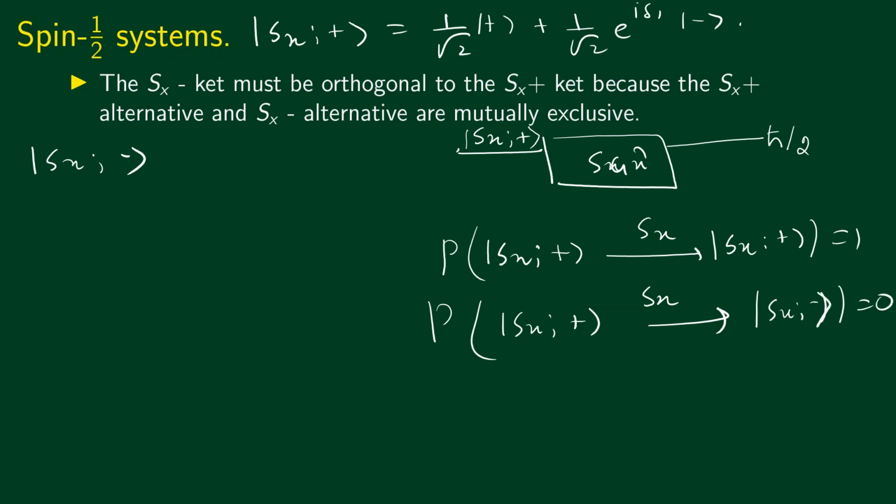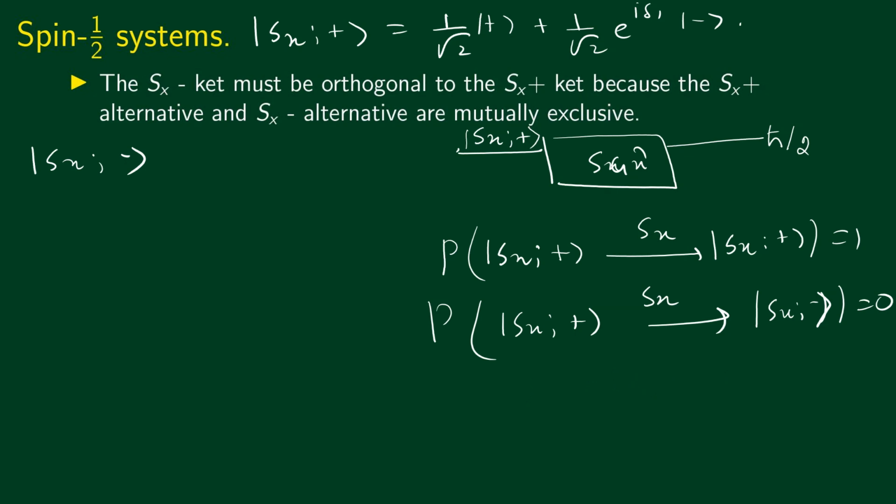When I look at the probability that ket Sx plus goes to ket Sx minus after measurement of Sx, I'm looking for the probability of measuring minus h bar by 2. So this is 0.